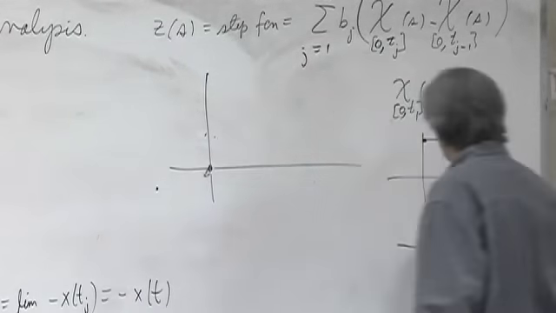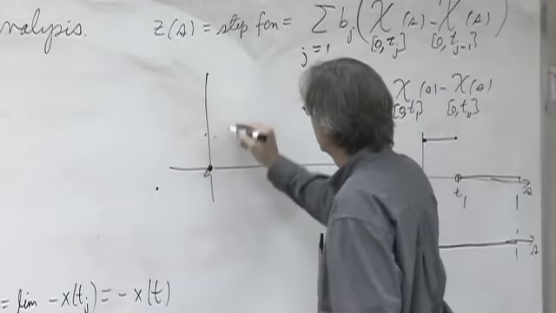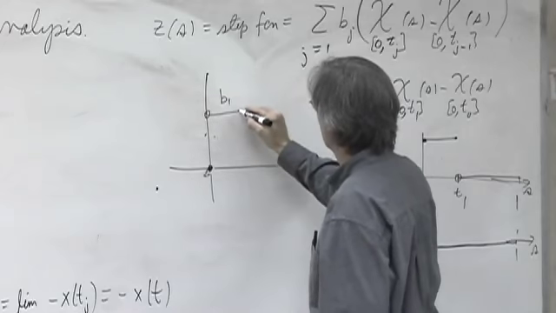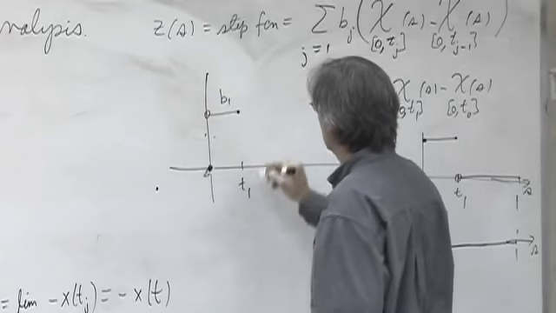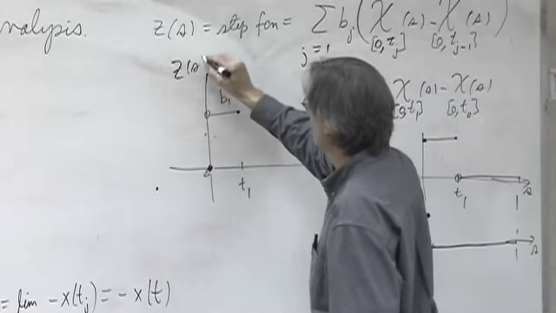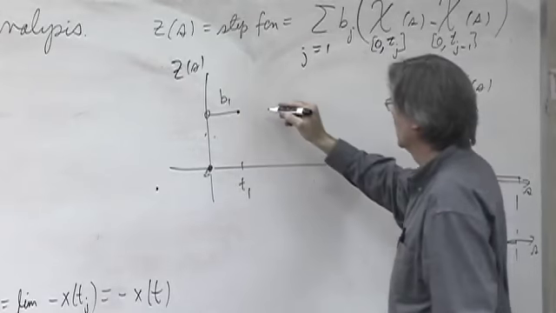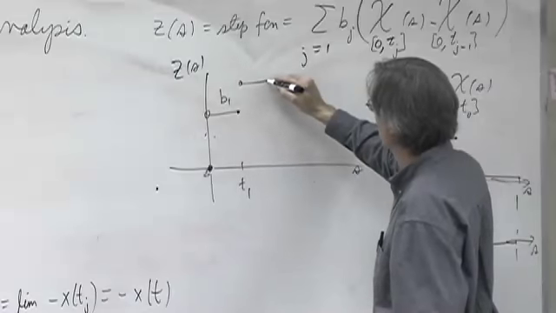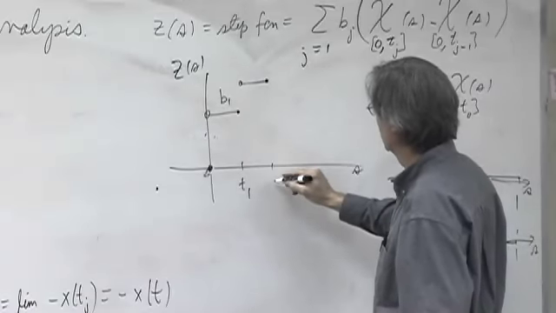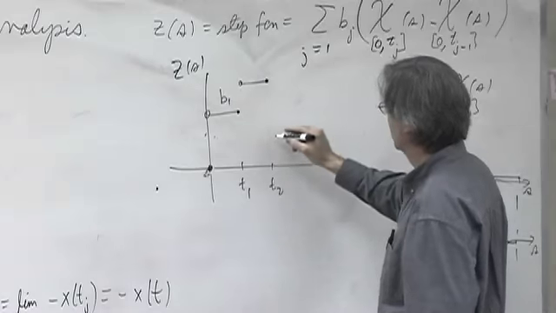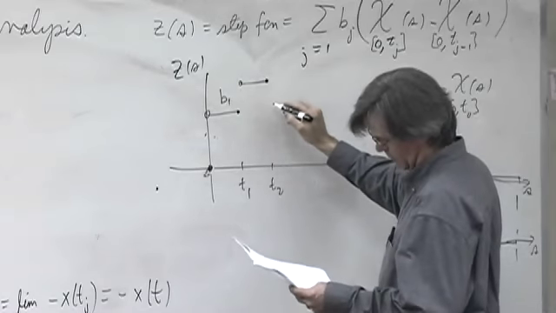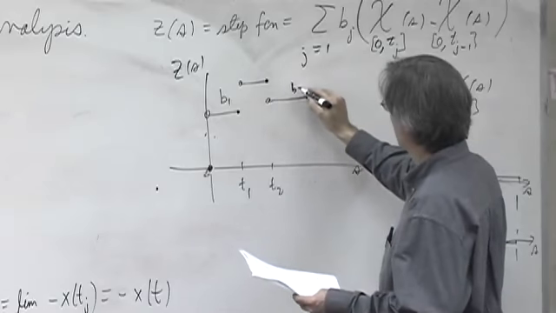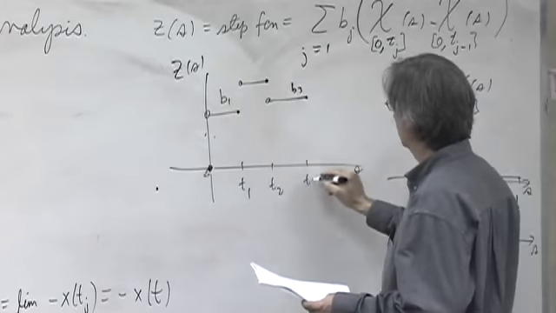So 0 here, and then it's going to be a height b_1 on the first interval up to t_1. Then this is going to be z of s. Then it's going to be b_2 on the next interval, however long that is, up to t_2, and then it's going to be some other value, b_3 on the next interval up to t_3 and so on.